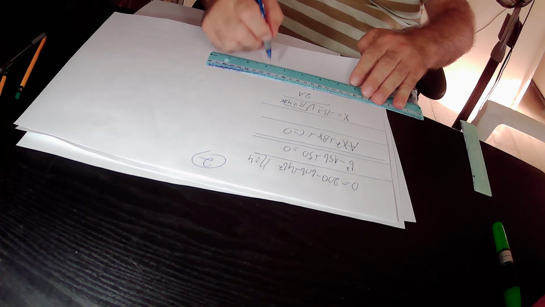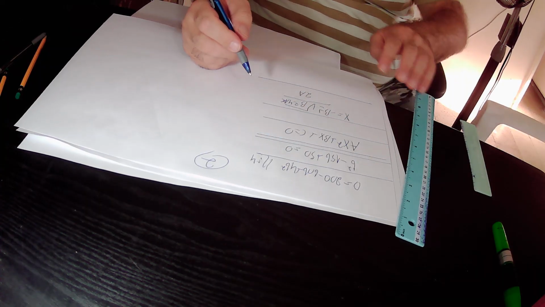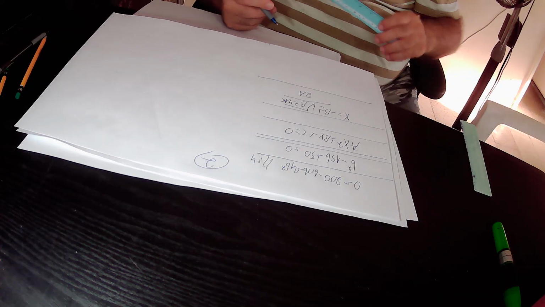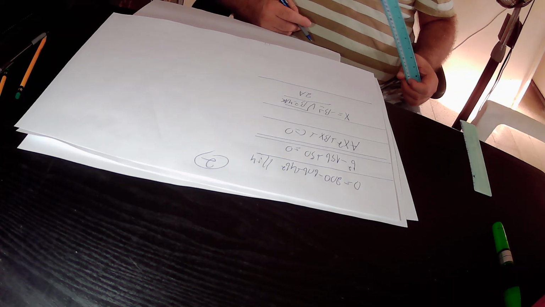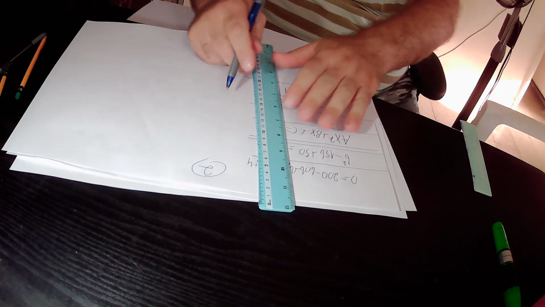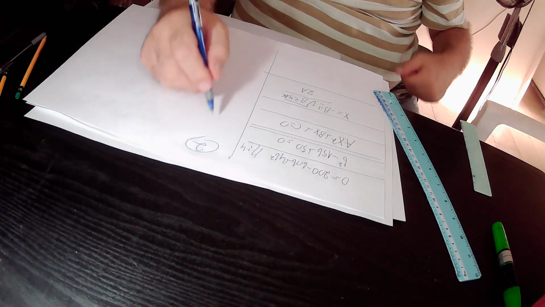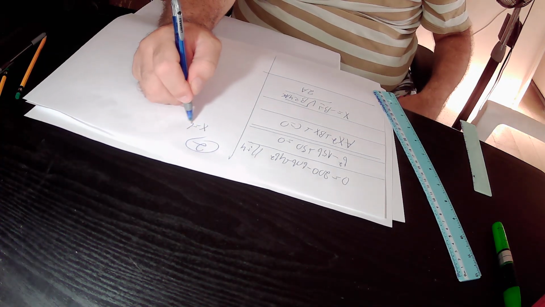In our specific quadratic equation, b squared minus 15b plus 50 equals 0, the variable that we are looking for is small b, so x equals small b. This is the variable that we are looking for in our specific quadratic equation.